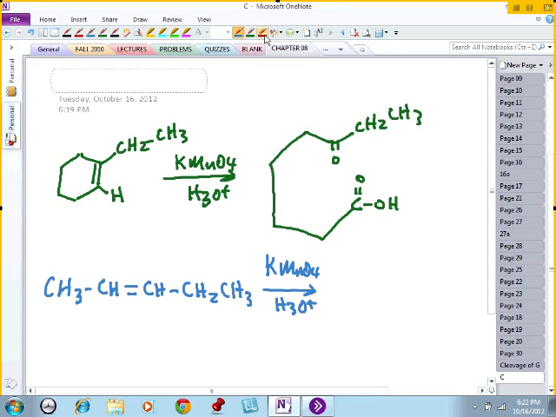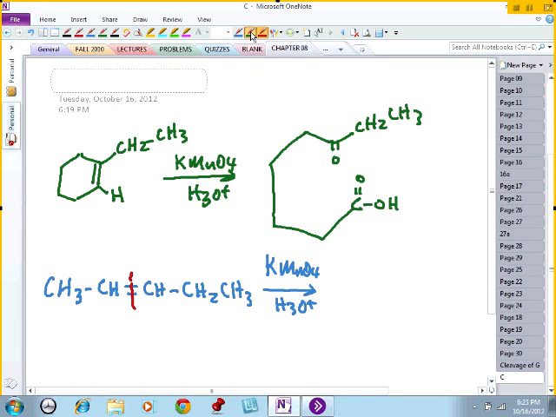What will be the product? How many molecules do you think we are going to get here? 2 molecules, right? And both of them will be what class of compound? Carboxylic acid. Both of them will be carboxylic acid, because here you cleave, this becomes a carboxyl group, and this becomes a carboxyl group, because each one of those carbons is attached to a hydrogen atom.